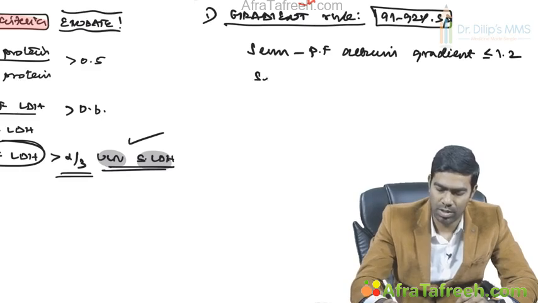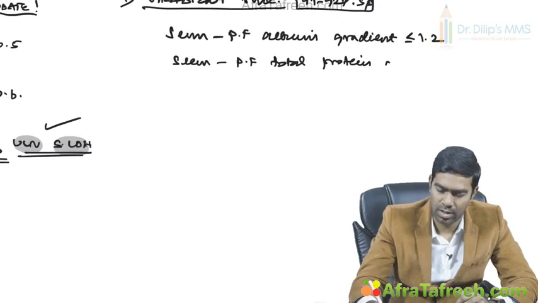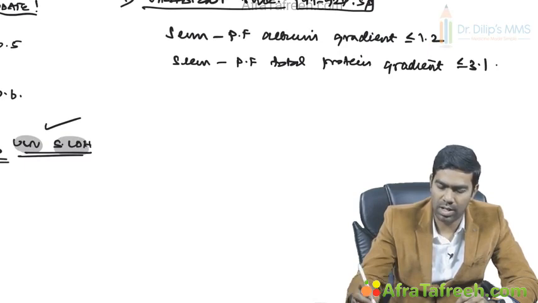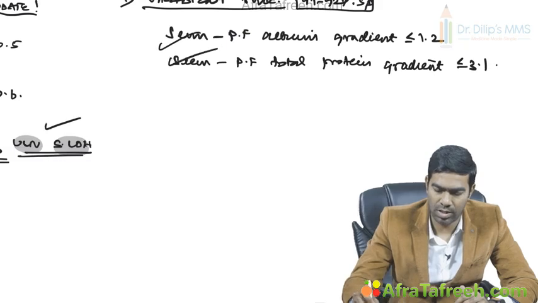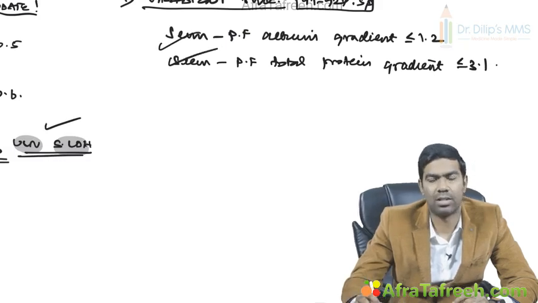Point number 1. Second, you look at the serum minus pleural fluid total protein gradient. If it's less than or equal to 3.1, again, it's supposed to be an exudate. Clear? These are important in differentiating especially pseudo exudates from a true exudate.